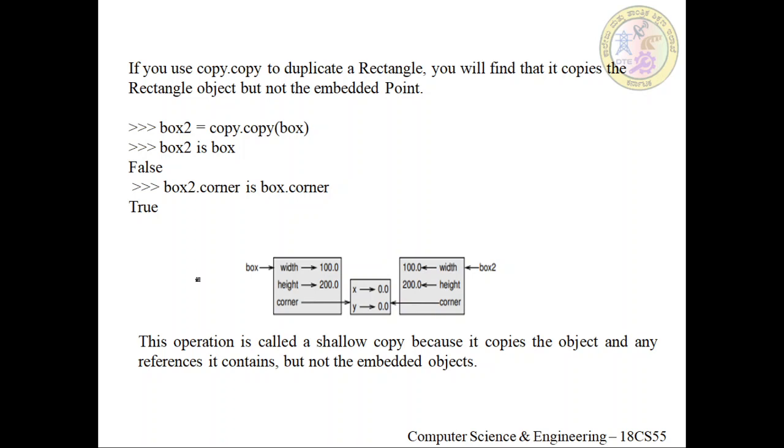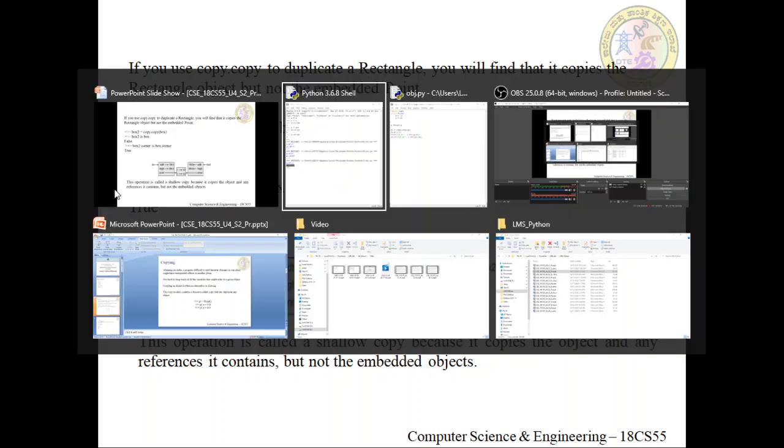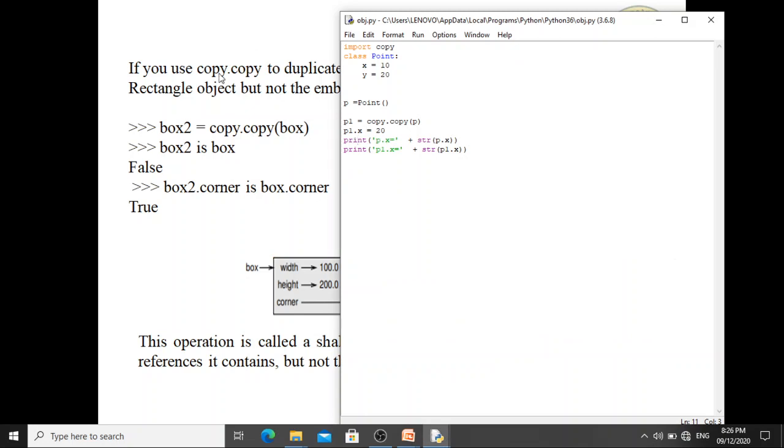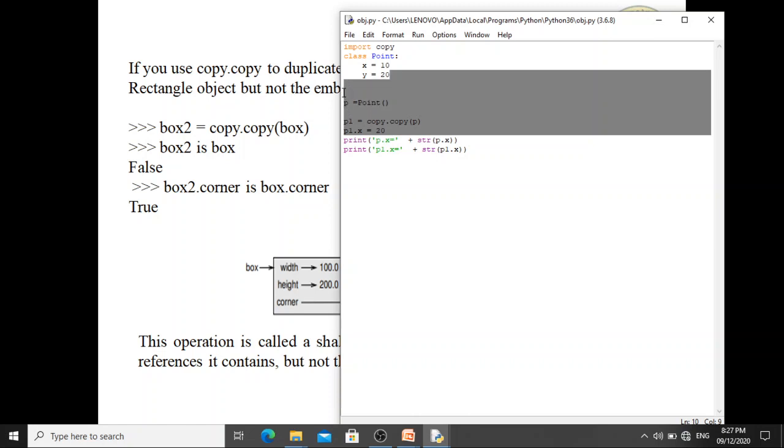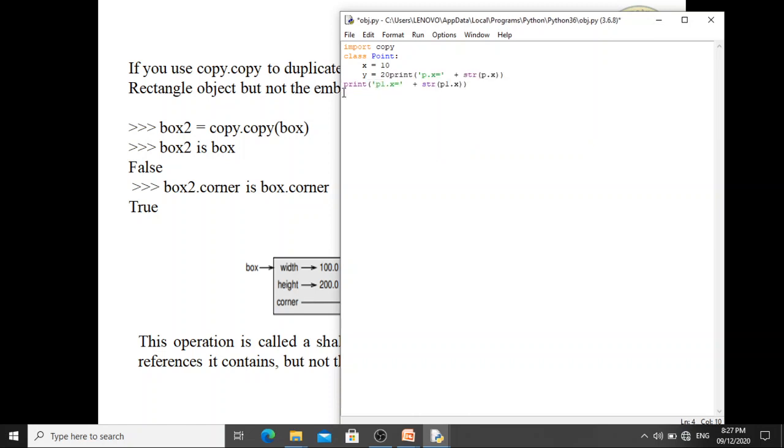I hope this point is clear, and we'll see one more scenario. If you check the previous session, we defined the rectangle class. The same rectangle class I'm going to show, and we'll see the problem that we face when we use copy. So let me modify this Python. I'm going to define one more class, that is Rectangle.